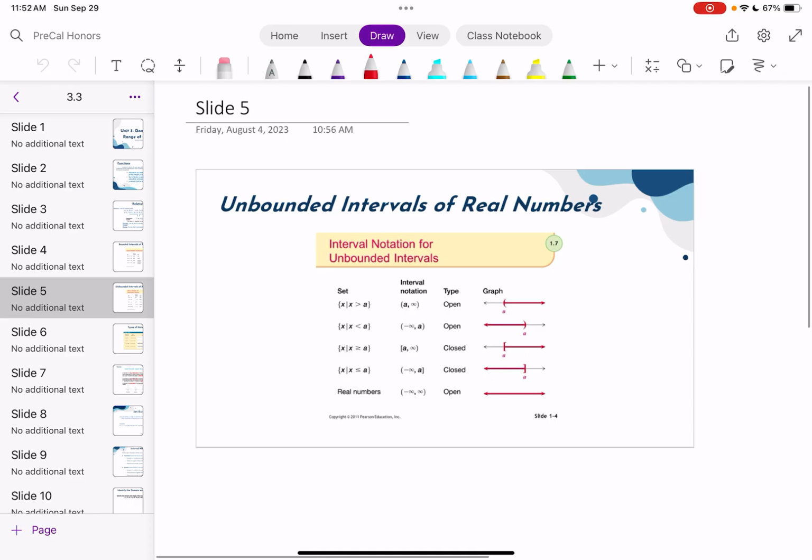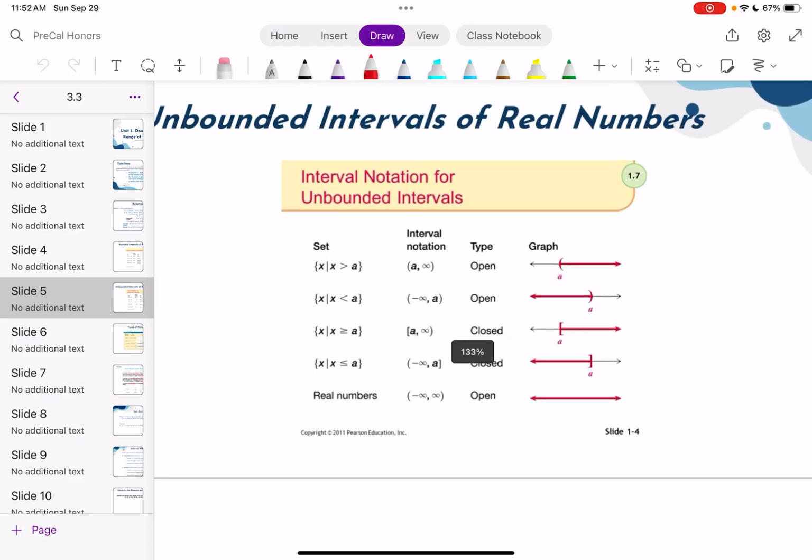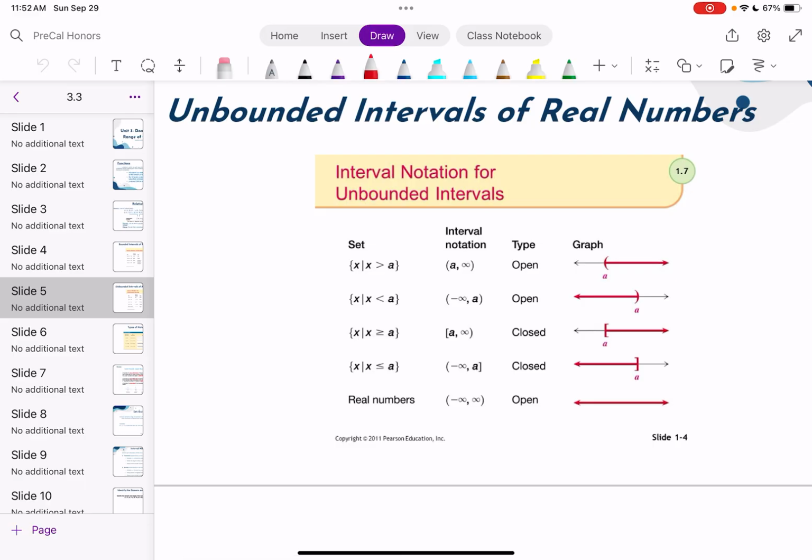Now, that is generally occurring for bounded intervals. When we're taking a look at unbounded, it means it will continue to extend in a certain direction. Meaning, if we take a look at our bounded or unbounded examples, notice we are going from a to positive infinity.